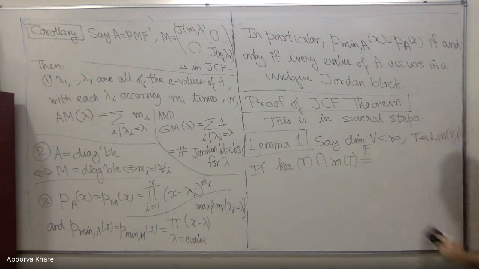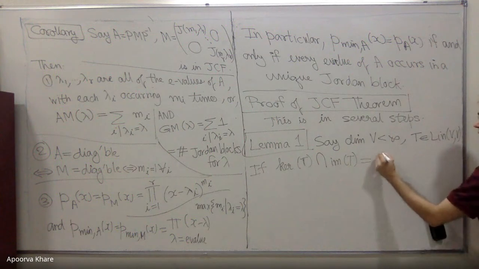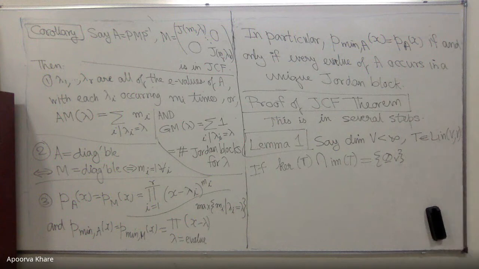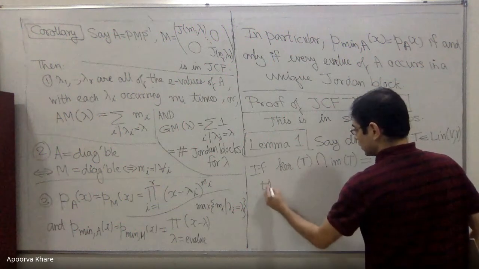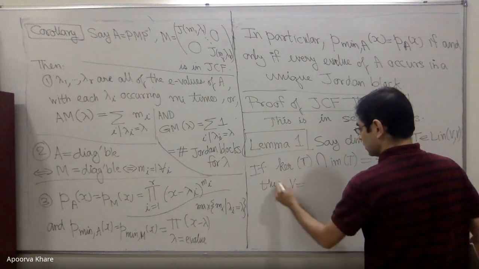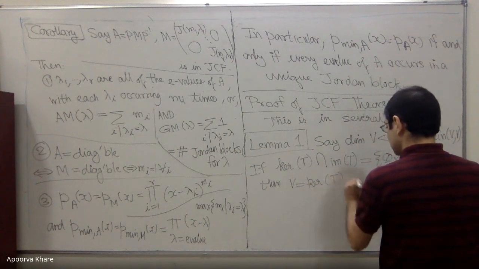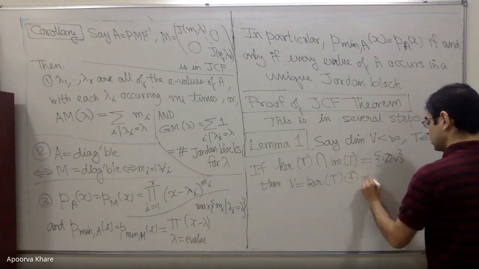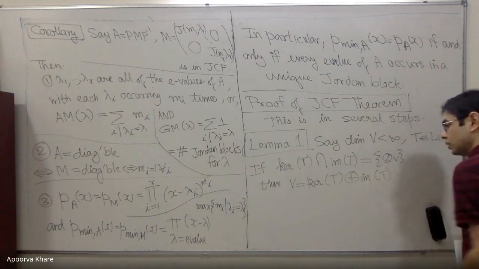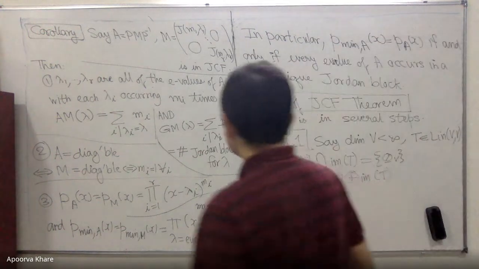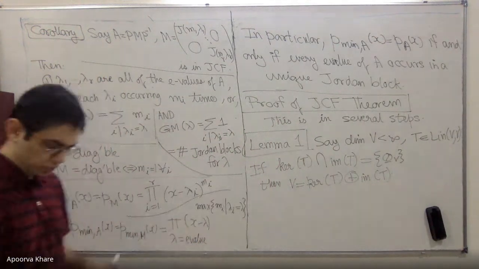Suppose the intersection of the kernel and the image is just the 0 vector. Then V is the direct sum of the kernel and the image. That is the lemma. It's just a small step, but we will use it.